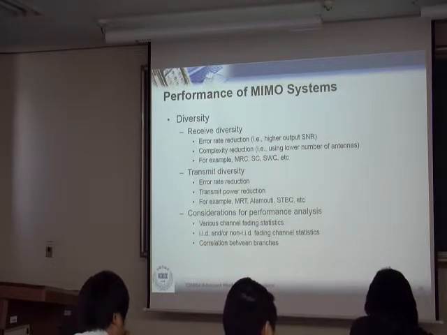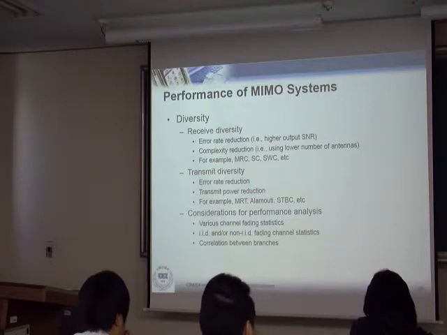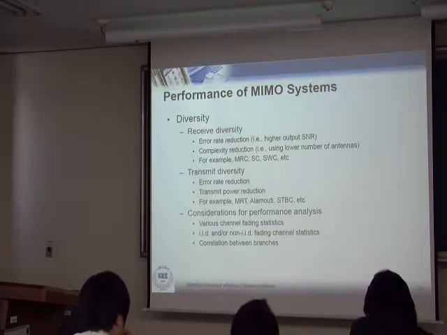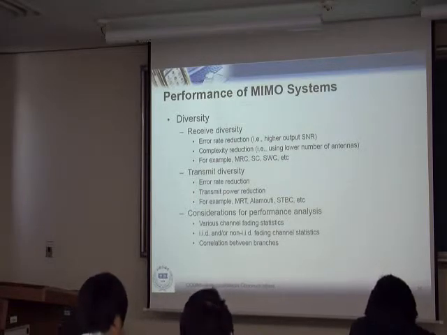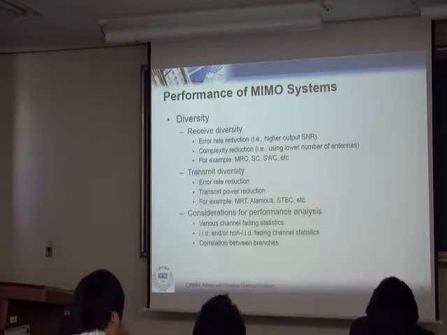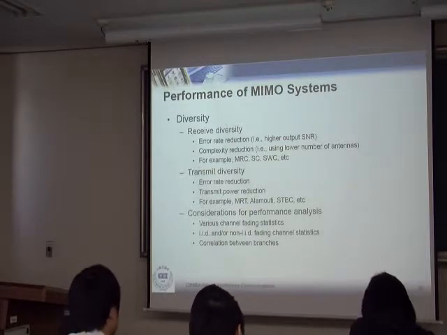If you have one antenna here and another antenna like 100 meters away, then you can guess that the SNR for both antennas should be very different because they are very far apart. But typically, in a MIMO system, these 2 antennas are co-located. Okay? They are separated only by this much. So typically, it is a fair assumption to make IID.